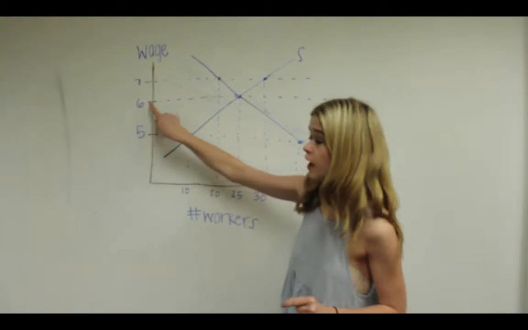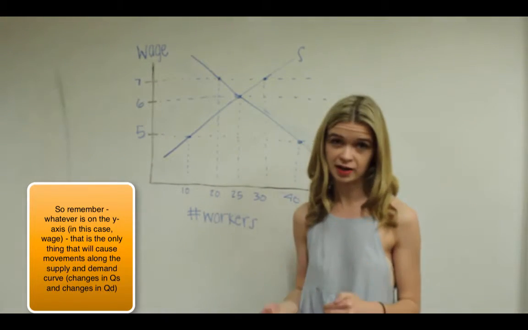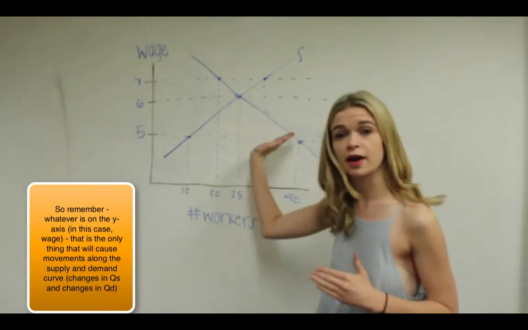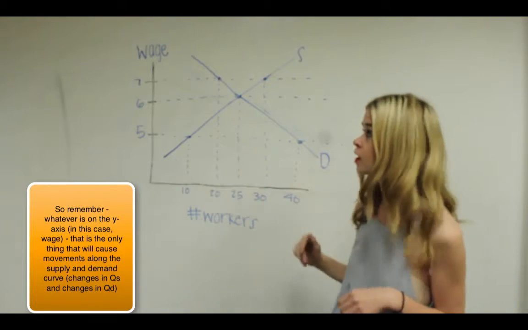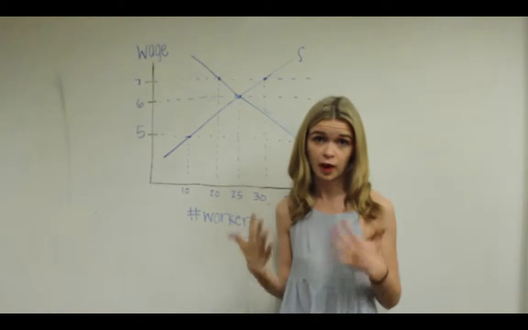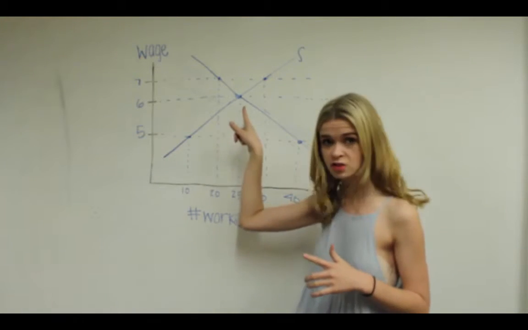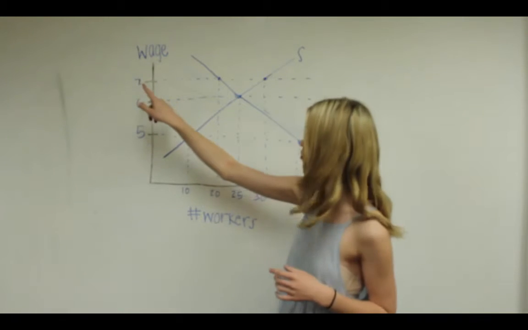If we change the wage, we're only changing the quantity supplied or the quantity demanded. We're not shifting our entire supply line, nor are we shifting our entire demand line. So, if someone were to ask what happens when we increase the wage, which was currently at $6 in equilibrium, to $7?